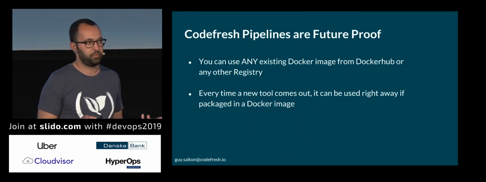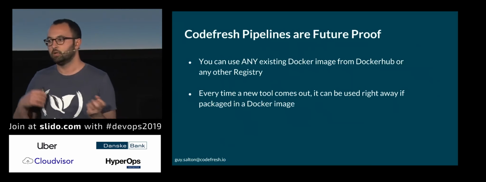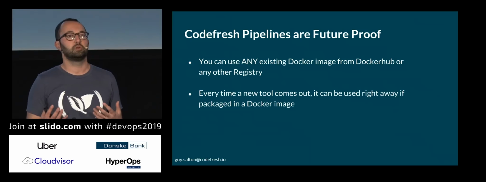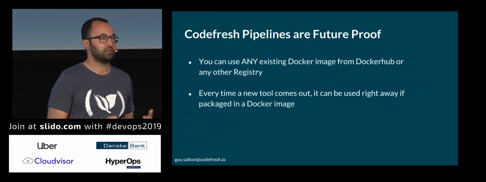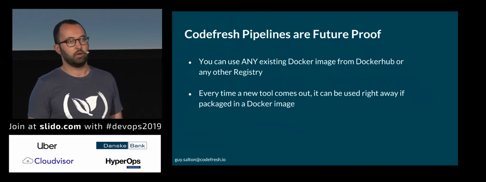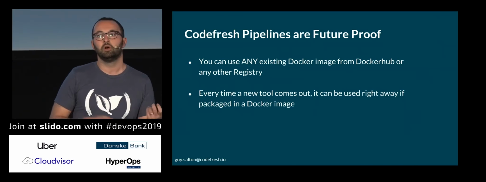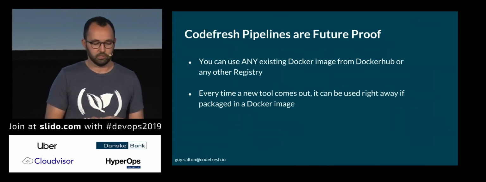And the cool thing about this is that it's also future-proof. Let's say tomorrow a new version of Python is released, or a new tool is released, and you want to use this tool in your pipeline. You don't have to wait for the platform to add support for this tool. You don't have to open a ticket to your operator to install this new tool on the build node.